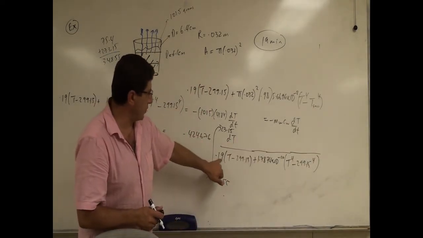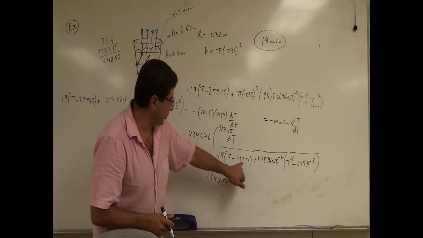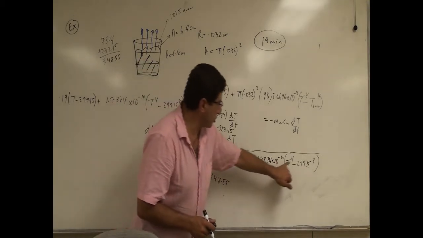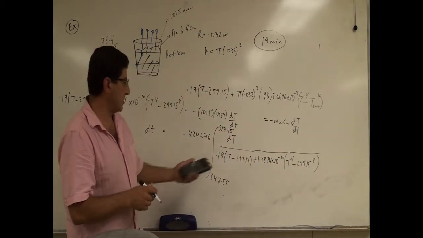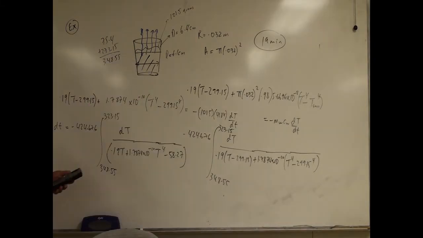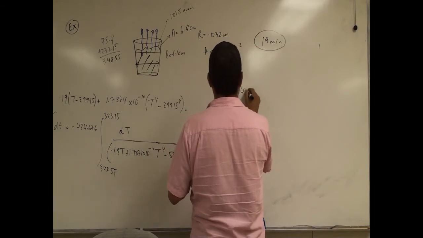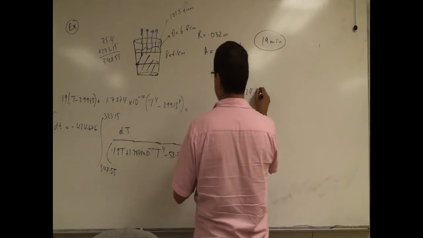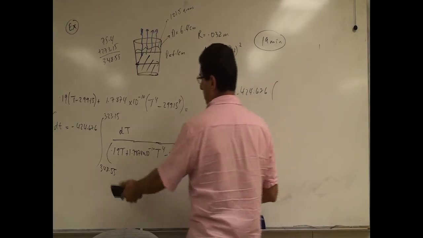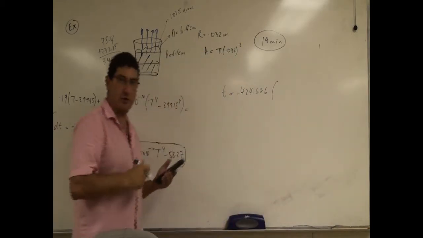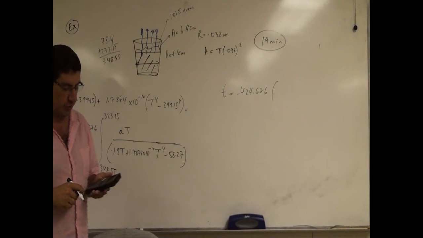Okay, now if we want, we could simplify this a tad bit. We could multiply 0.19 times T, distribute 0.19 with this, and also distribute this into this. We get here 0.19. Okay, so let's put all of this in. T is equal to negative 424.676. And then when you do the integral, it comes out to be negative also. So the two negatives cancel and give you a positive.